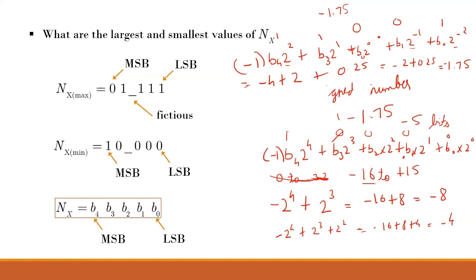Sir, that 2 power 2 you are dividing by is taken by the number of values after the decimal. Yes, after the decimal.